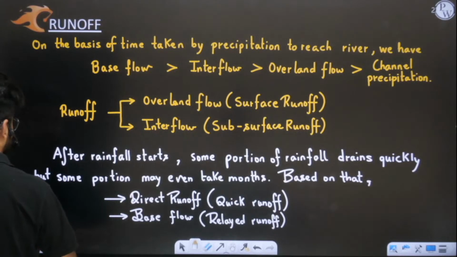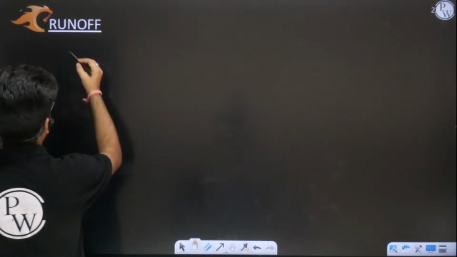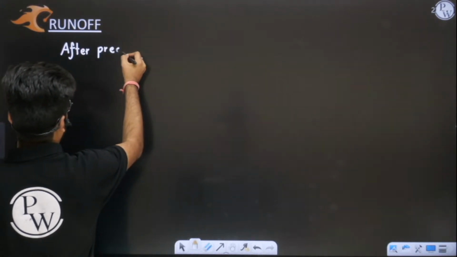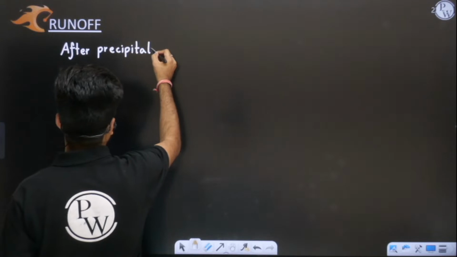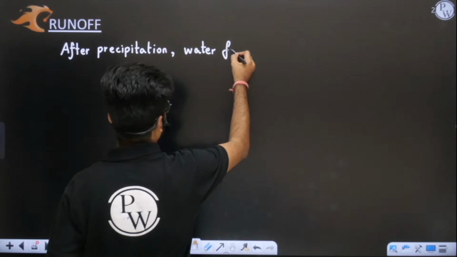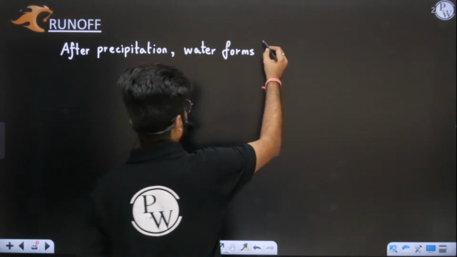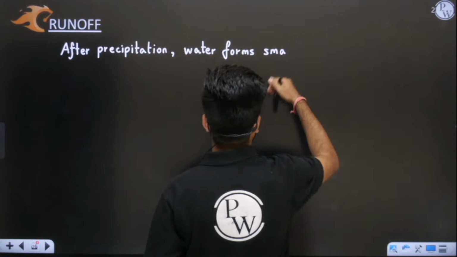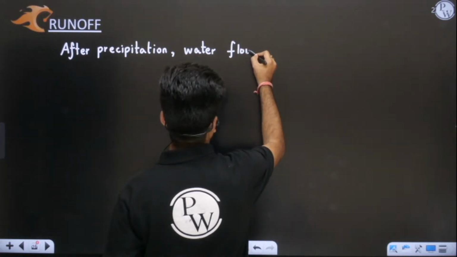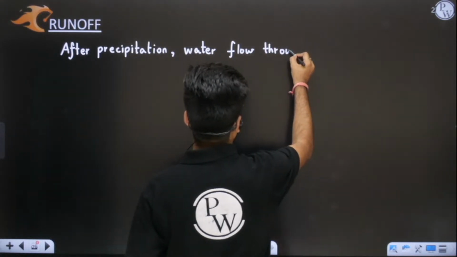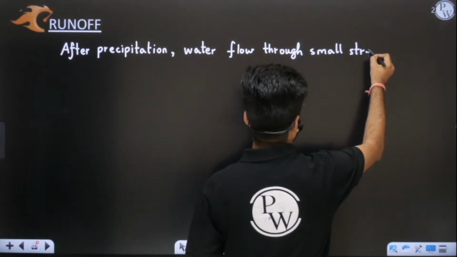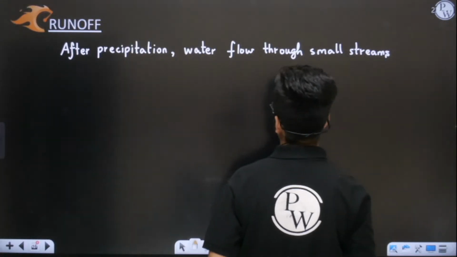You need to understand that water forms a small network of streams. Water flows through small streams.